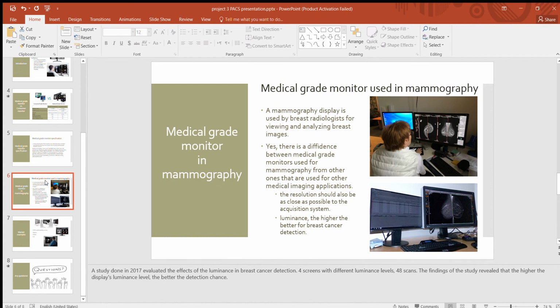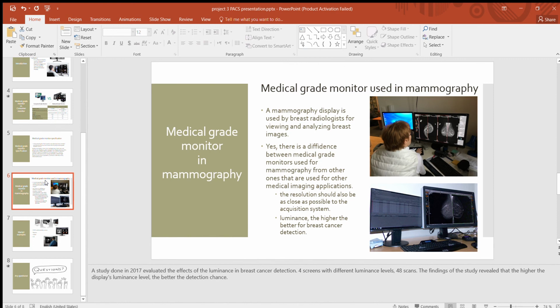They used 4 screens with different luminance levels. They had 48 scans, and the findings of the study revealed that the higher the display luminance, the better the detection of breast cancer.